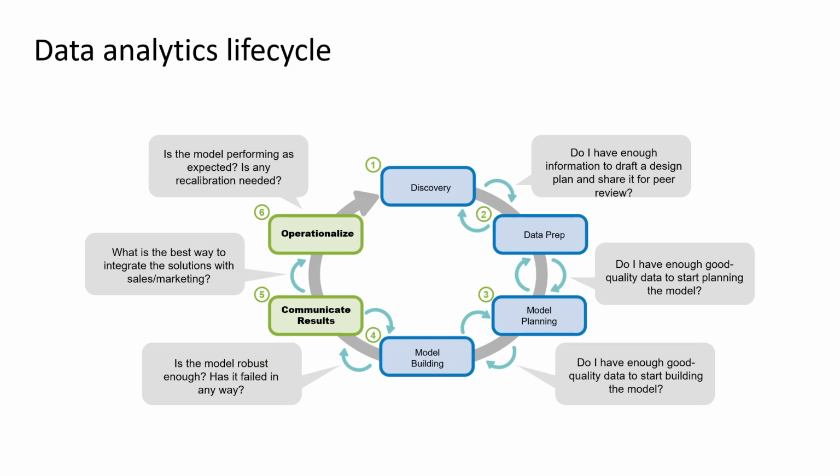Once you're sure that you have a robust model and it's the best model that you could build, then you want to communicate the results to the stakeholders of the company. The question you need to answer is: what is the best way to integrate the solution with sales or marketing? The solution you provide is going to help actual people gain more customers or lower the cost.